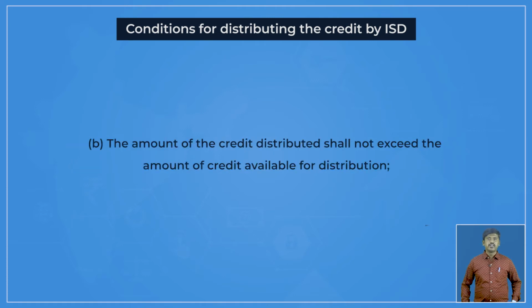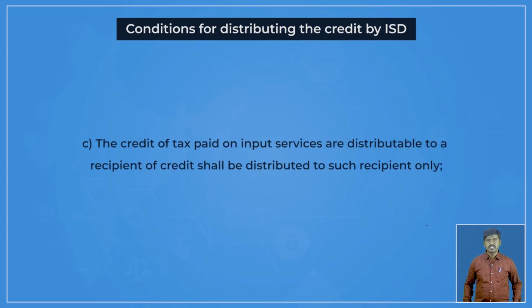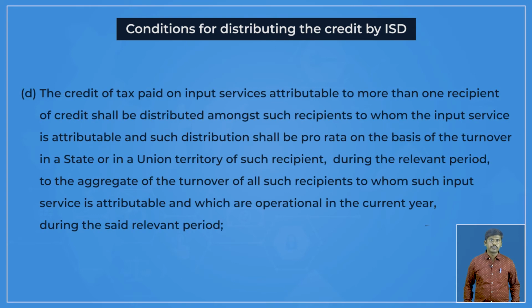Number 2, the amount of the credit distributed shall not exceed the amount of credit available for distribution. Number 3, the credit of tax paid on input services distributable to a recipient of credit shall be distributed to such recipient only.